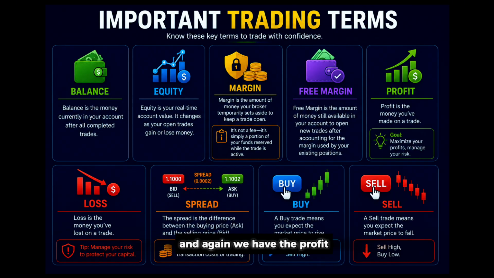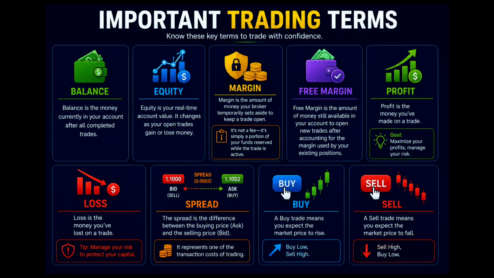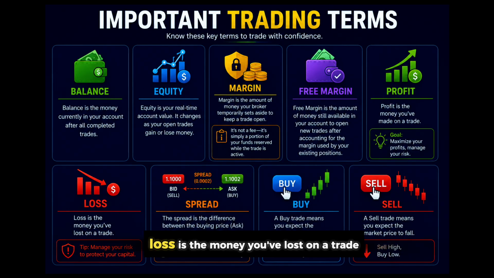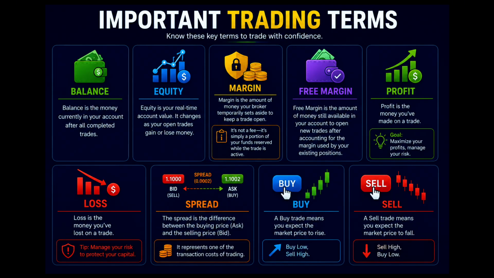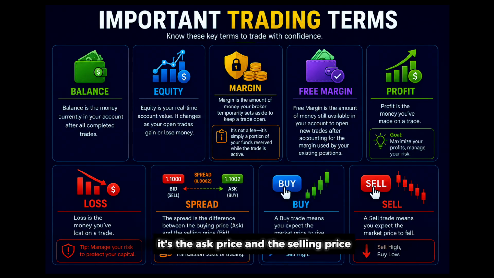And again, we have the profit. The profit is the money you've made on your trade. Loss is the money you've lost on a trade. Spread. The spread is the difference between the buying price, the ask price, and the selling price, which is the bid price.